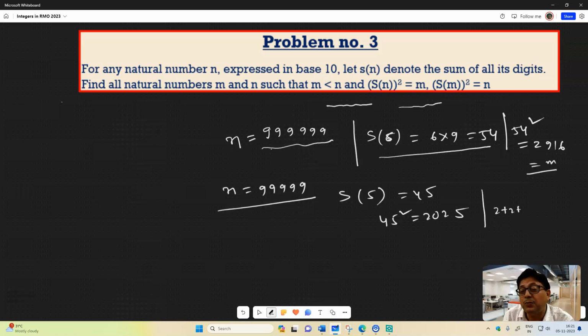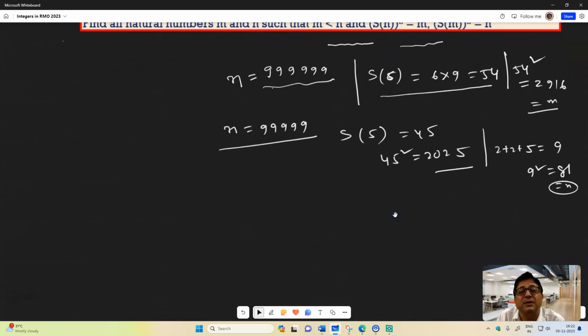Now 2 plus 0 plus 2 plus 5 is 9. Its square is 81. N cannot be 81. N cannot be less than m. Okay? If you have taken the square 2025, it's coming 81. So not matching. It will happen for any 5-digit number. So it is not possible.